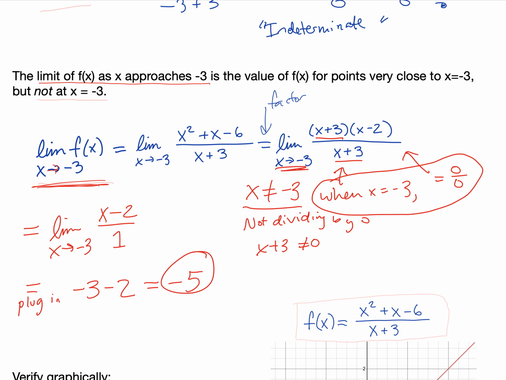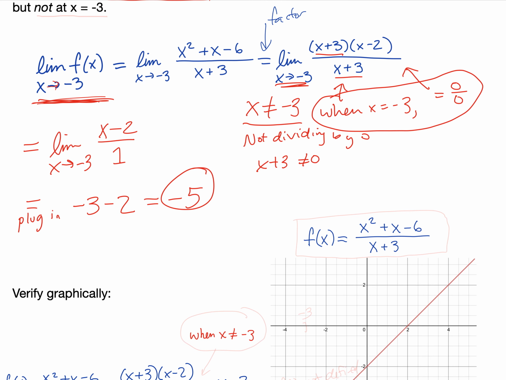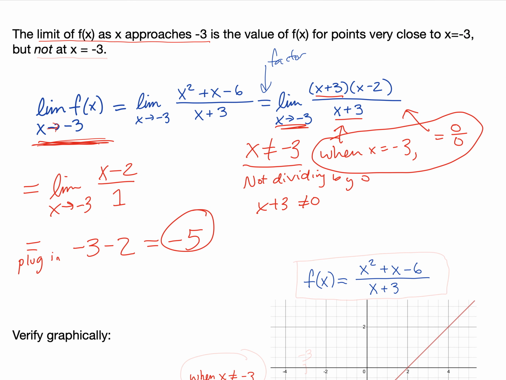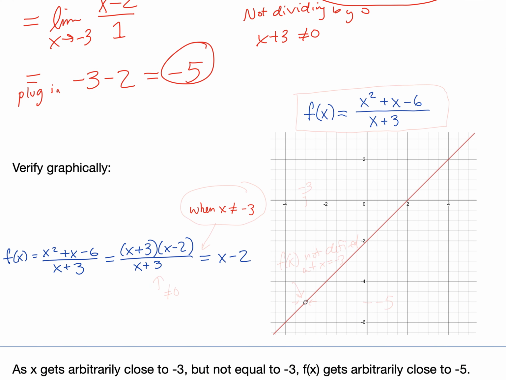So the limit as x approaches negative 3 of f of x is negative 5. Once more, the reason that we could do that in the limit but not up here is that f of negative 3 gives us a 0 on the bottom. That's an indeterminate form. But the limit is specifically talking about values of x near x equals negative 3, but not equal to x equals negative 3.